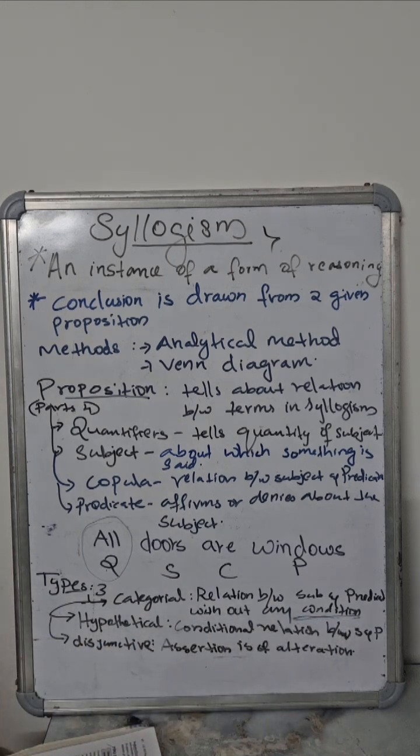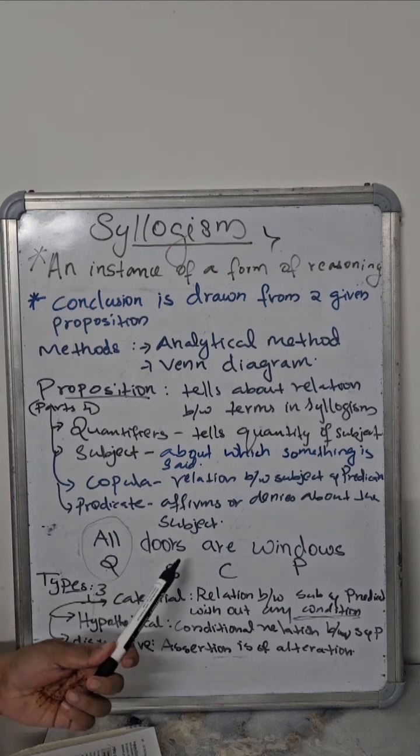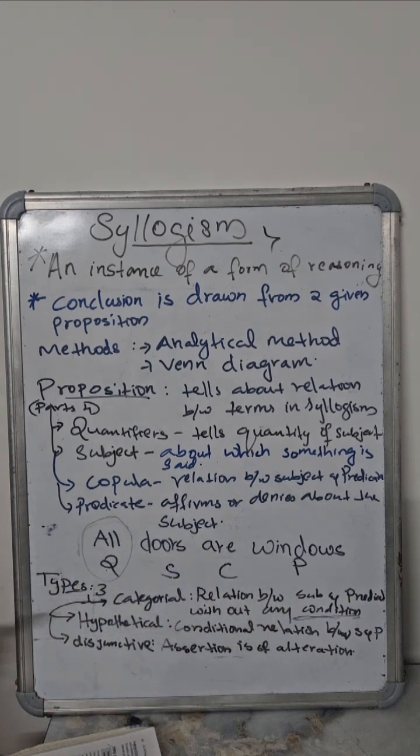Here the relationship between subject and predicate is unconditional. In a hypothetical proposition, there is a conditional relationship between the subject and the predicate. And in a disjunctive proposition, the assertion is of alternation.